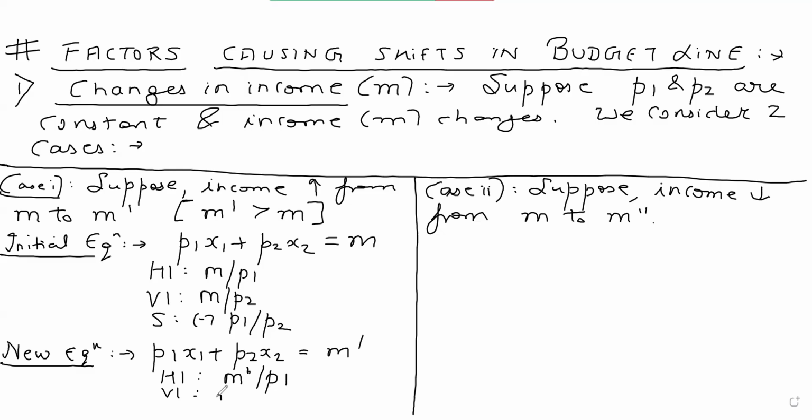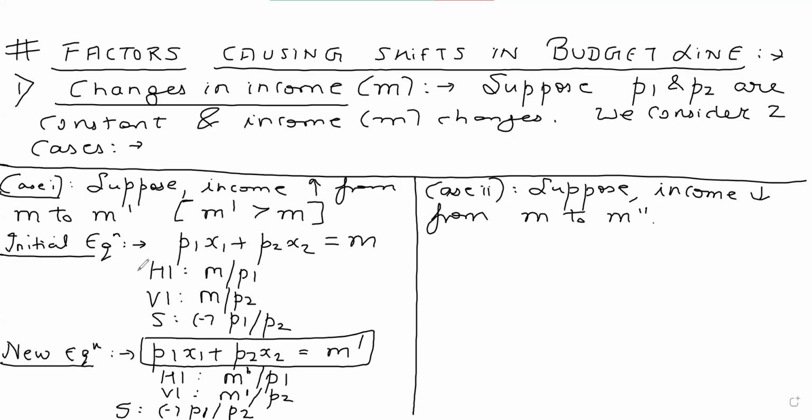Vertical intercept, M dash by P2. Slope, how do we calculate the slope? Recall from the previous lectures, nothing but dx2 by dx1, the derivative of x2 with respect to x1. The slope is still the same, minus P1 by P2.